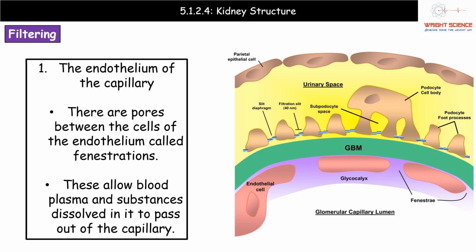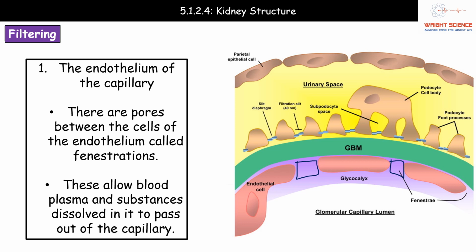So let's delve a little bit deeper into these individual layers one at a time. So the first one, the endothelium of the capillary, the bit in the purple. What we've got, as we mentioned, are these gaps between those endothelial cells. And these little gaps are what we refer to as a fenestration. Now, to all intents and purposes, these are like little pores.